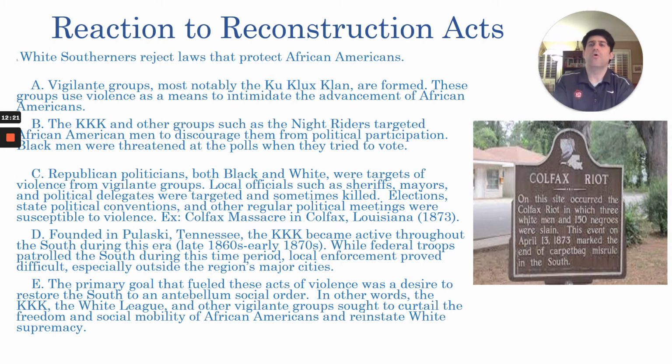So what is the goal of these white Southerners? They obviously want to prevent African Americans from exercising their right to vote and gaining political power and political office. But that's basically one part of trying to bring the South back to an antebellum social order.